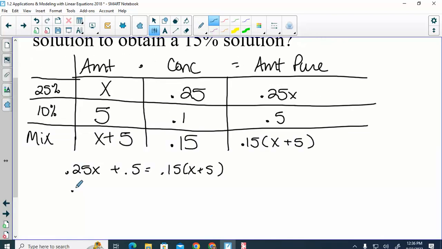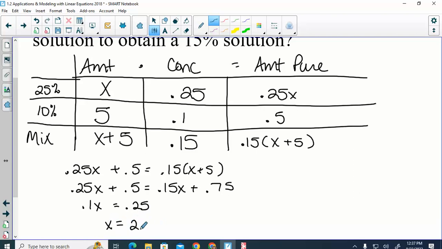And then it's just solve it. So I'll subtract over my 0.15, subtract over my 0.5, divide by 0.1, and you can grab a calculator if you need to. So we get 2.5.